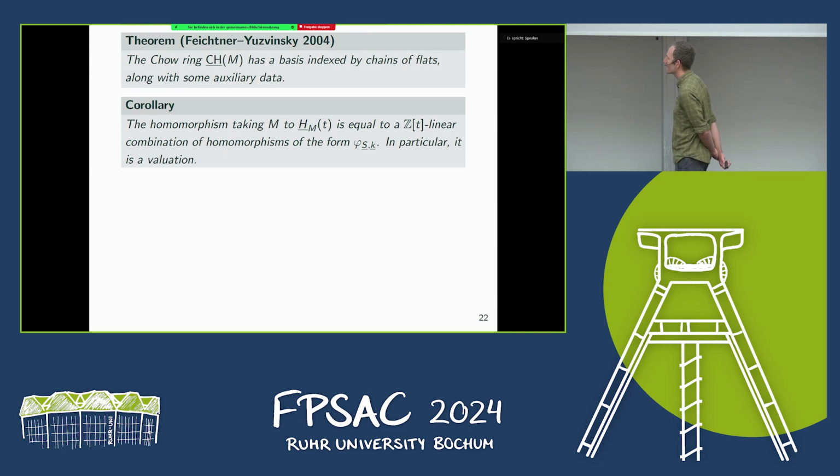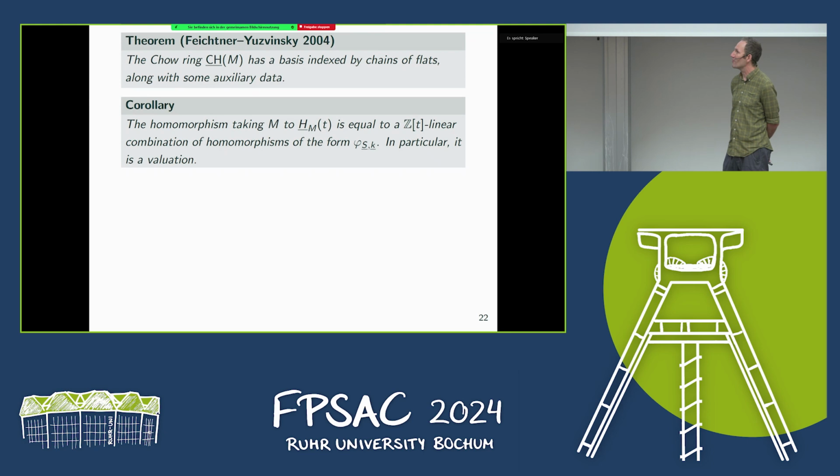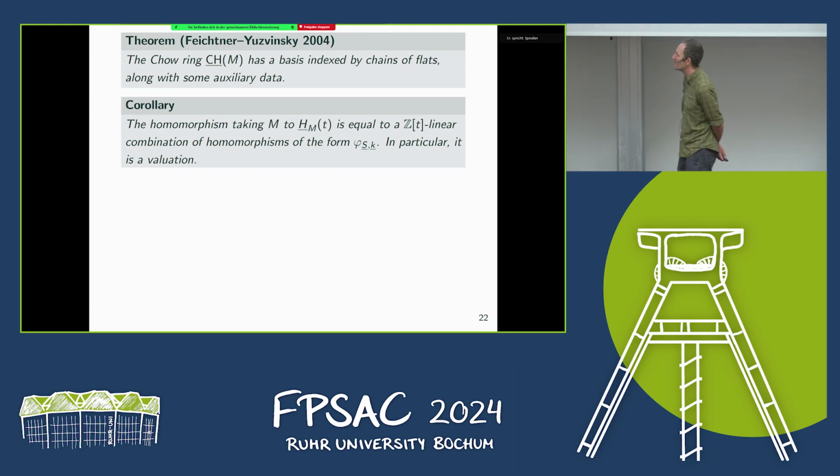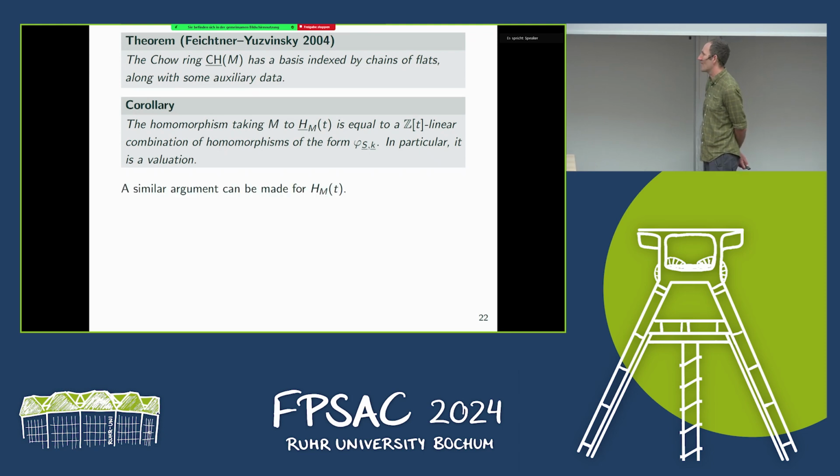So that's the corollary that says that the homomorphism taking M to its Chow polynomial is equal to a Z[t] linear combination of these homomorphisms, and therefore it's valuative. And a similar argument can be made for the augmented Chow polynomial.